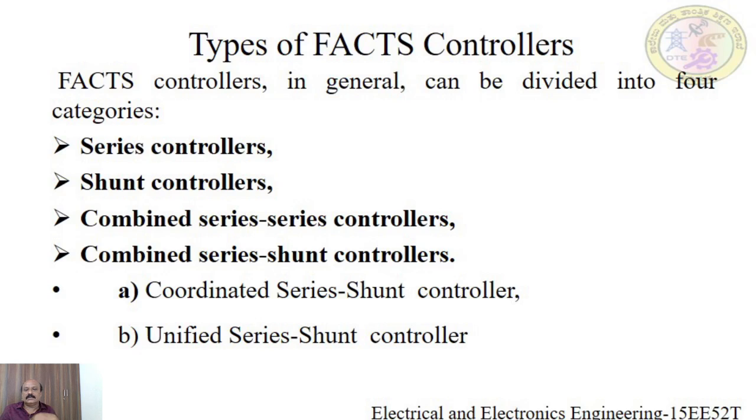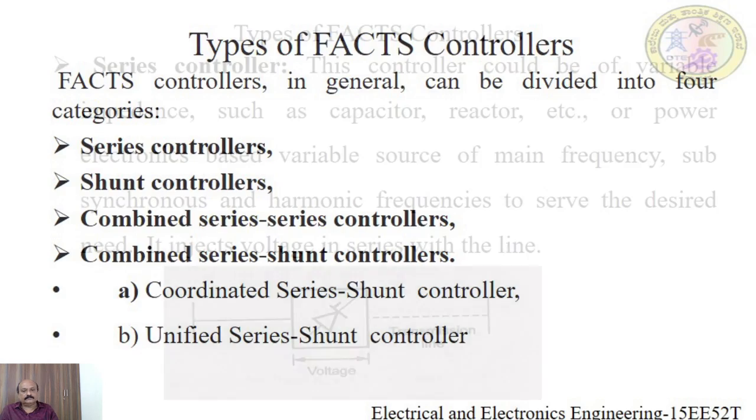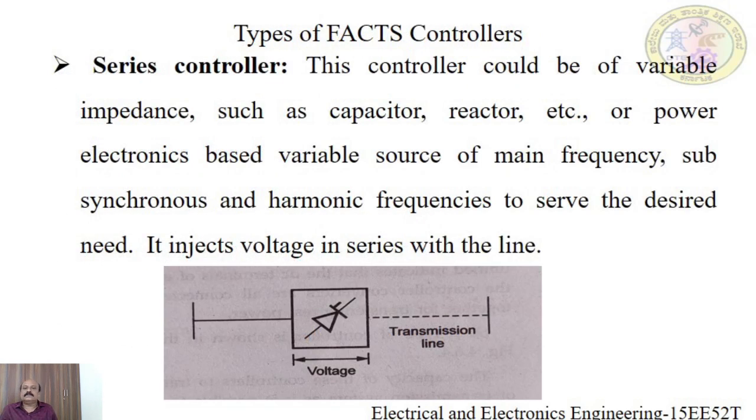The second one is the shunt controller, then combined series controllers, and combined series shunt controllers, in which we have two different types: the coordinated series shunt controller or the unified series shunt controller. Let us take them one by one. The first one is the series controller.